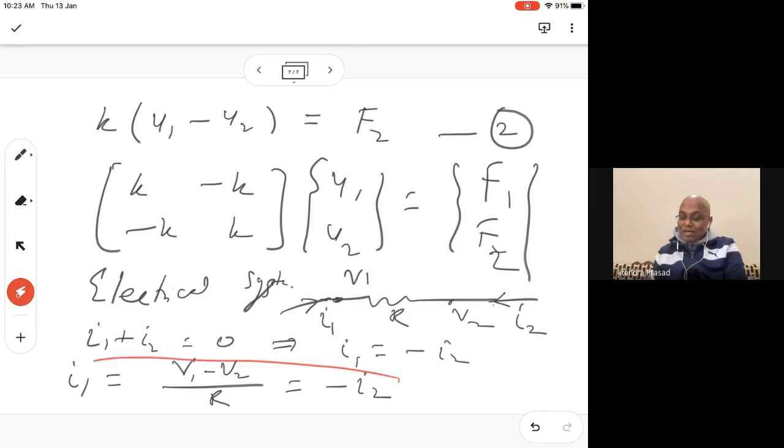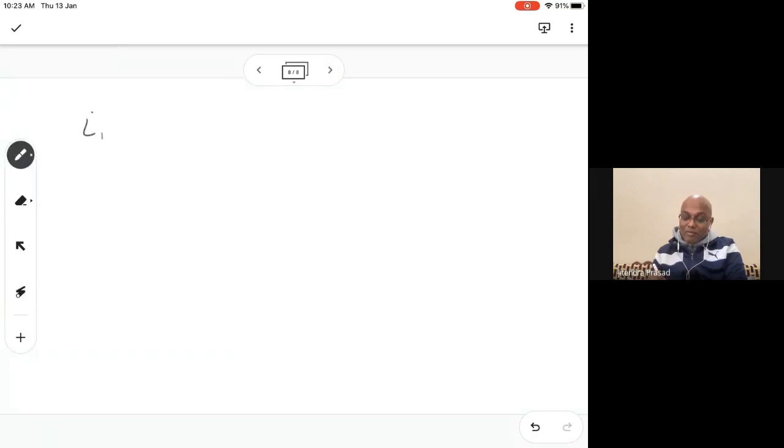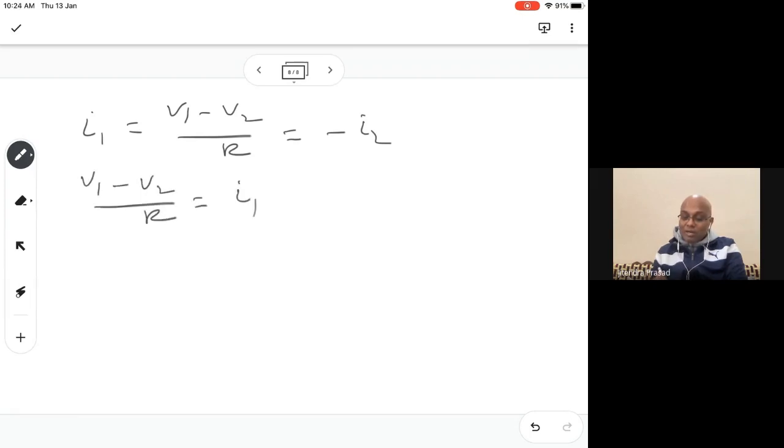So this gives you two equations. One equation is this, the other equation is this one. And this you can rearrange, right? We have I1 equal to V1 minus V2 over R equal to minus I2. And this simply gives us V1 minus V2 over R equal to I1, and then V2 minus V1 over R equal to I2, right?